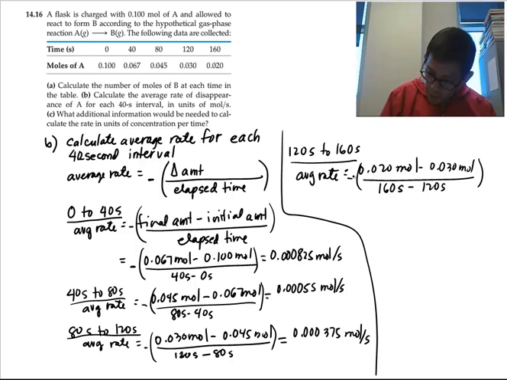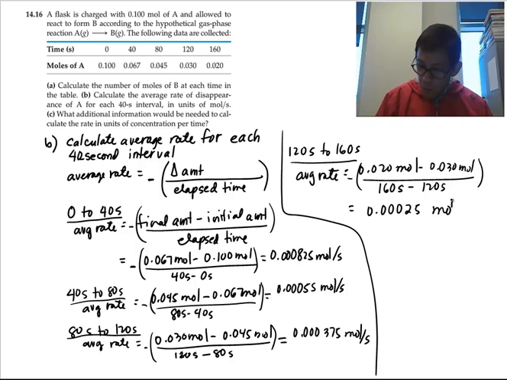Get the negative of that, and you should get 0.00025 moles per second.